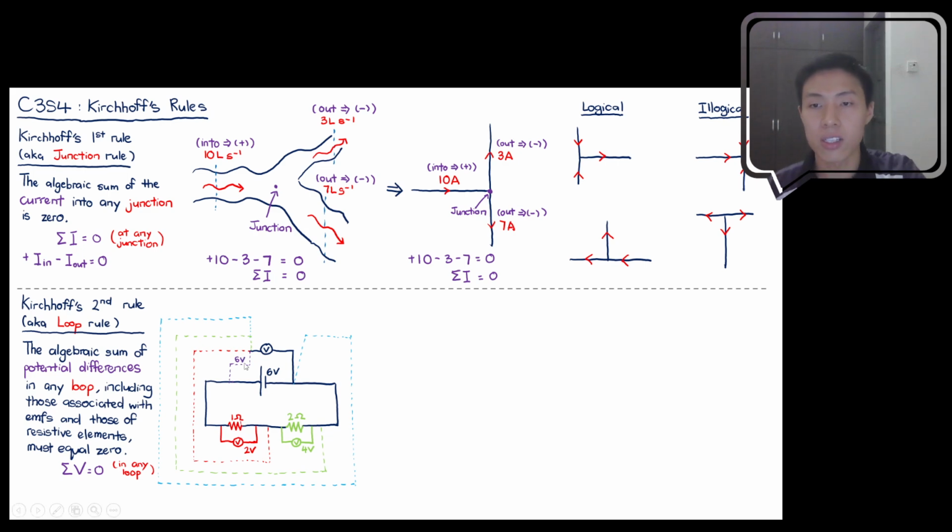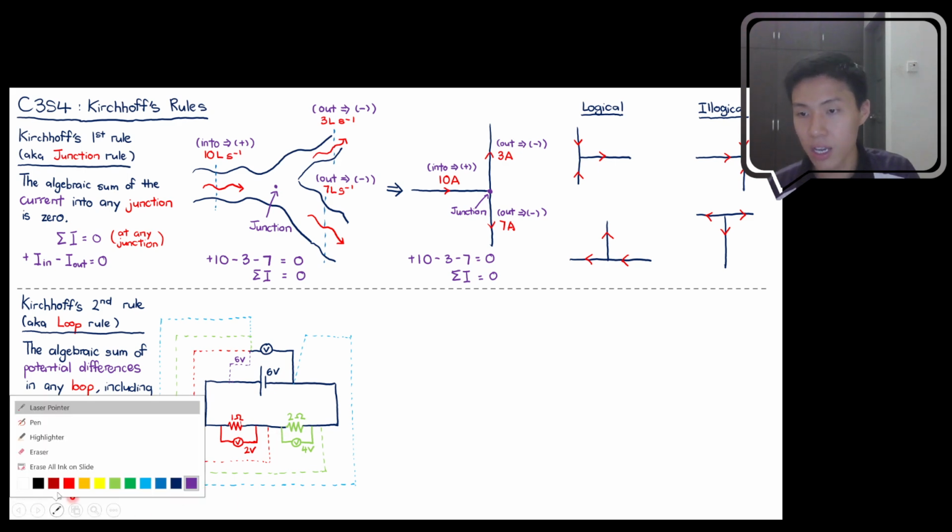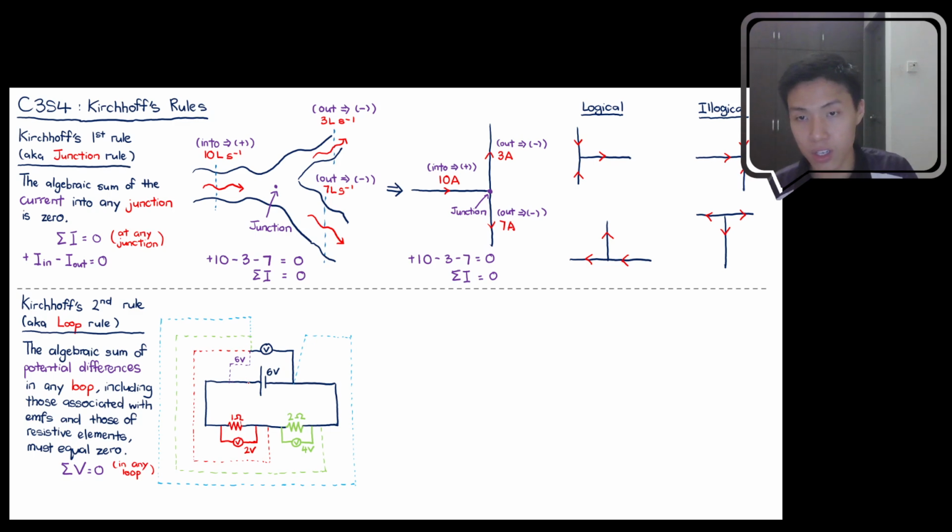But if you choose to shift this purple leg instead of putting it at this point, I'm going to shift it further down the loop. Remember, this is a loop. Let's say I'm following the direction of current, which outside the battery flows from the positive terminal to the negative terminal.